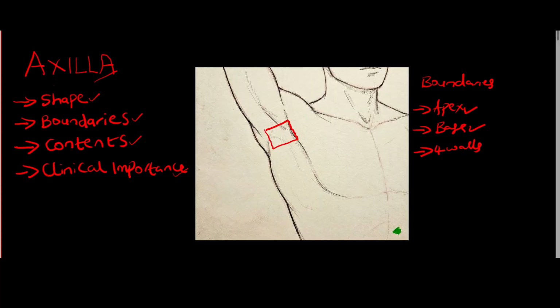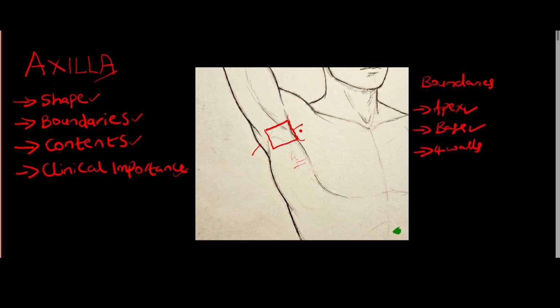Okay, so we have the anterior axillary fold here, and here we have the posterior axillary fold, and medially we have the lateral chest wall. So this forms the boundaries of the whole of the base of the axilla.